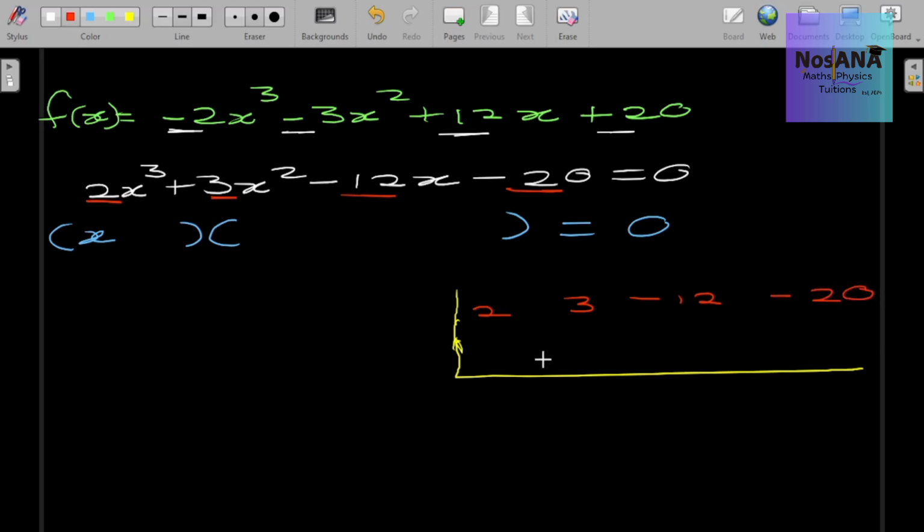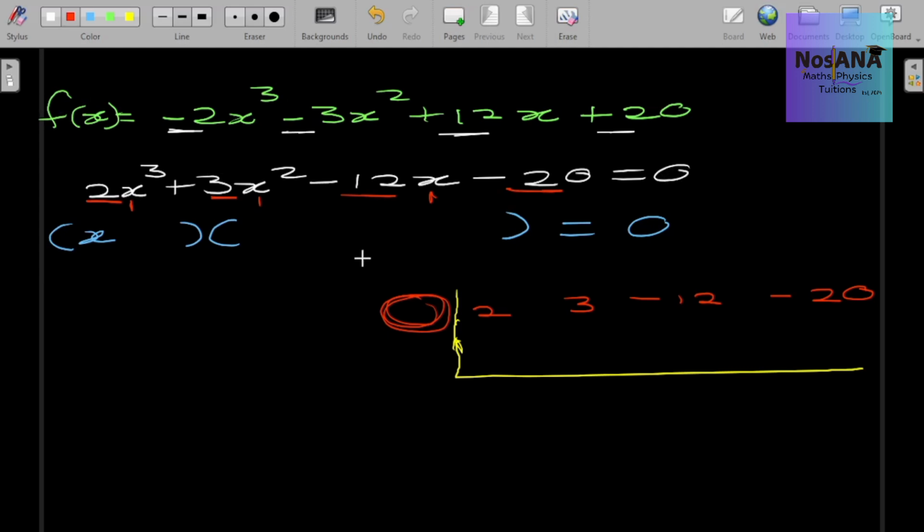Now outside this sign, in this position here, you are going to put a number that, when you put it in the place of x, your answer should be equal to 0.